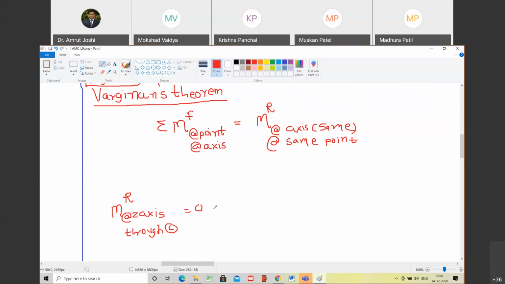This must be equal to the summation of moments of all the forces whose resultant is R, सारे फोर्सेस के मोमेंट का अल्जेब्रिक सम about the z-axis passing through C. Are you with me, Mokshat? Yes, sir.